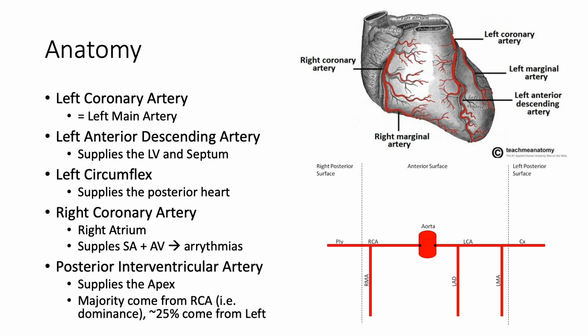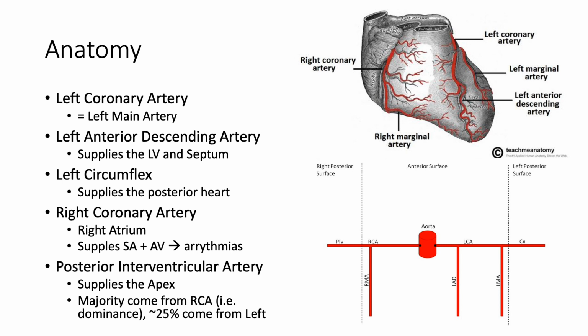Your left goes into your left anterior descending, which comes down the front, sometimes called the anterior interventricular. It keeps going and supplies the left marginal and the circumflex. On the right side, you have the right marginal and the posterior interventricular. So your posterior interventricular artery always supplies the apex.